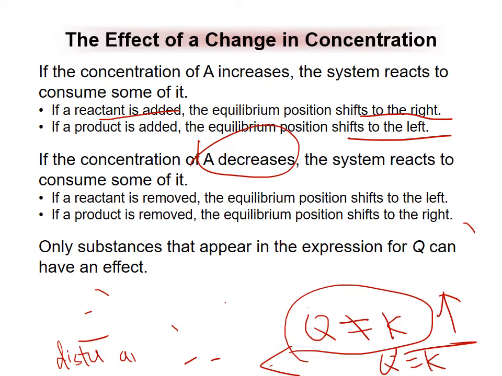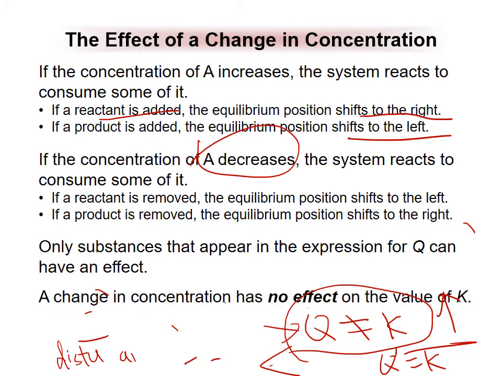But if a substance does not affect Q, then it will not have any effect when added to the system. And the change in concentration has no effect on the value of K. K doesn't change. It's Q that changes. When you change concentration, you have a disturbance, Q changes, Q is not K, and therefore the reaction shifts. But the K remains the same.